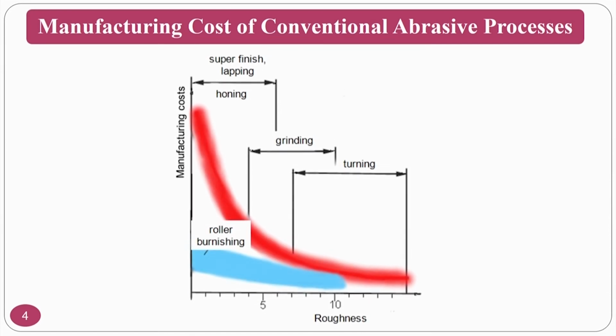As we have seen in this graph of roughness versus manufacturing cost, the processes lapping and honing we have completed. Now we proceed towards the super finishing process. These are the final processes that you do in the manufacturing of a certain component. The cost of this process goes up if the requirement of surface roughness is very low.